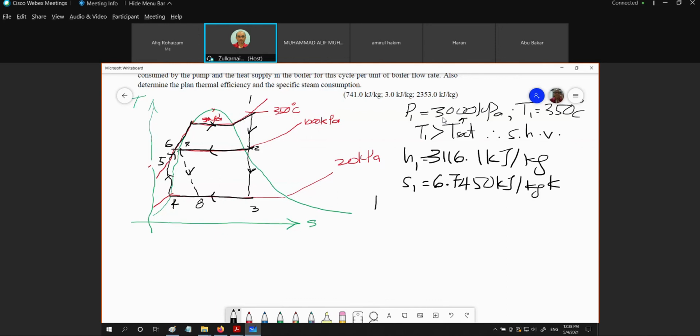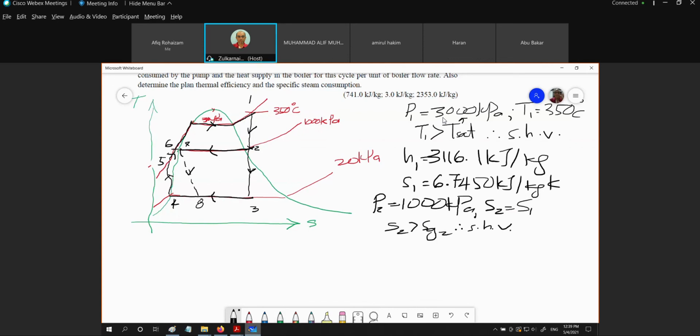So, based on P2, which is equal to 1000 kPa, and S2 equal to S1, S2 is greater than SG, correct? Greater. Therefore, superheated vapor.